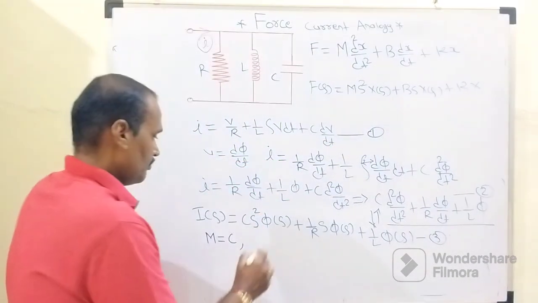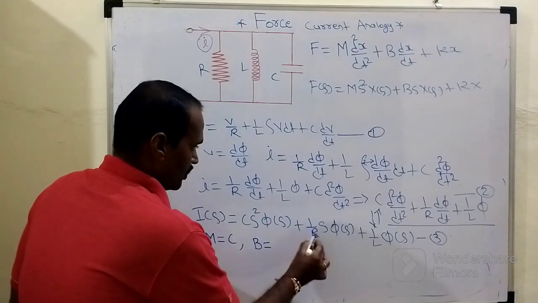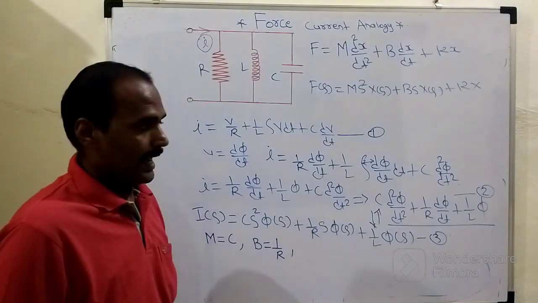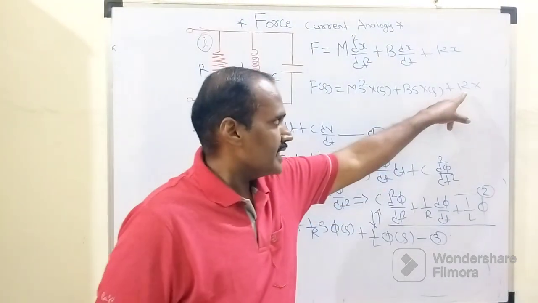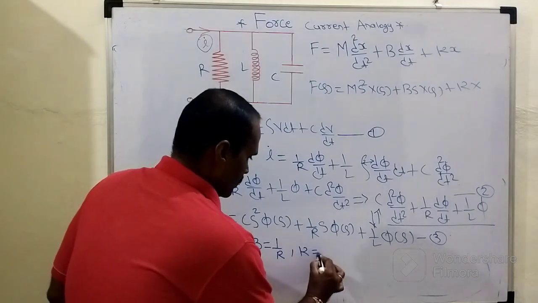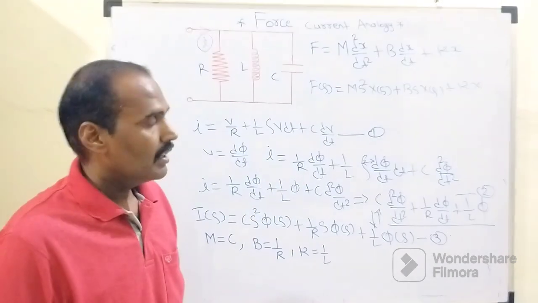So this B is analogous to 1/R in the force current analogy. The third mechanical element is K, so this K is analogous to 1/L, right?